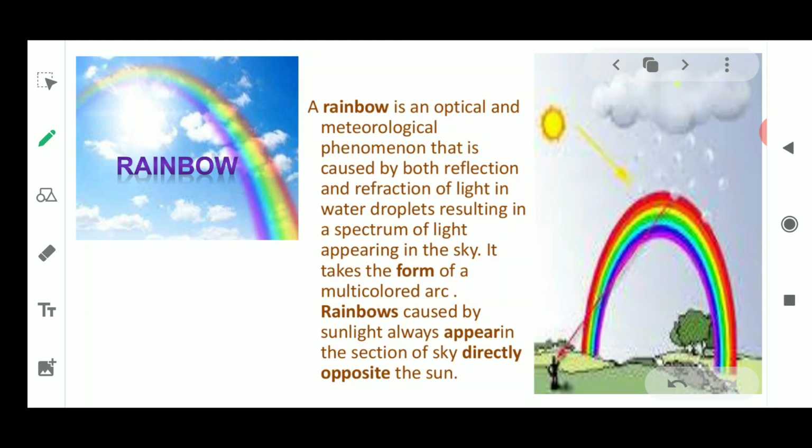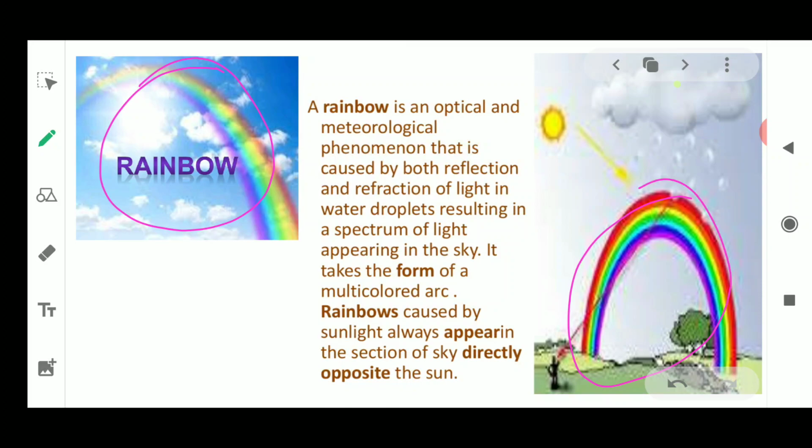So what is a rainbow? As you have seen many times, whenever there is rainfall and the sun is shining during or just after the rainfall, a rainbow is formed. This rainbow has 7 colors, and as soon as the word rainbow comes to our mind, the 7 colors arise in our mind.